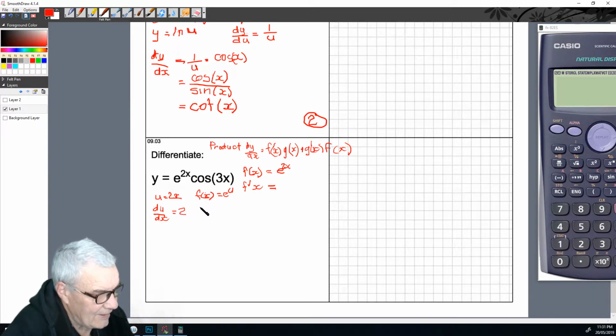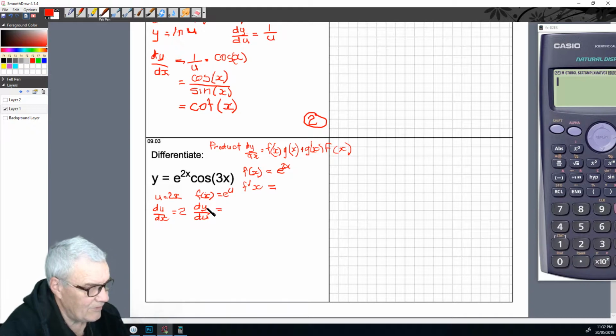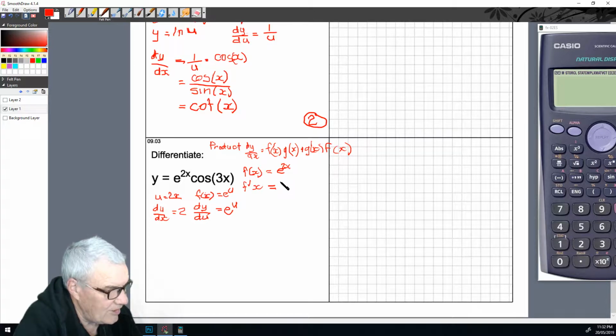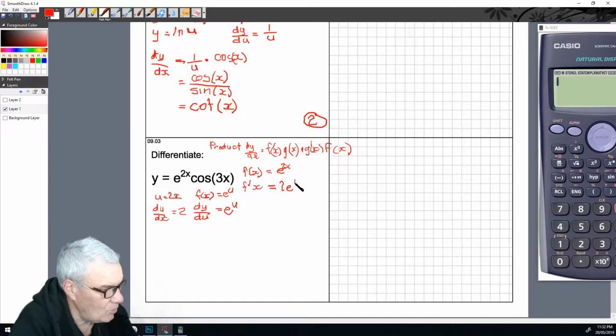Right? And dy by du equals e to the u. Okay, therefore f dash x equals du by dx times dy by du, or I'll just put it as 2 e to the u, which equals 2 e to the 2x.